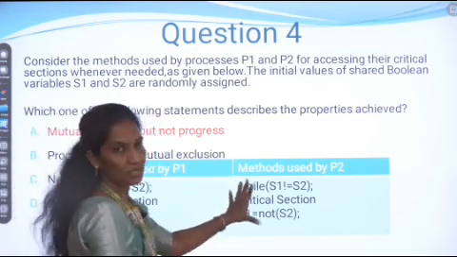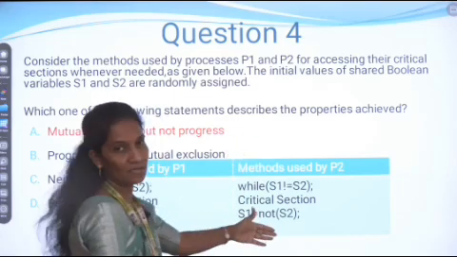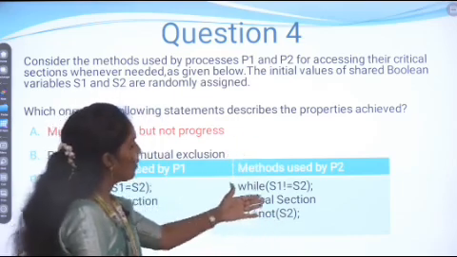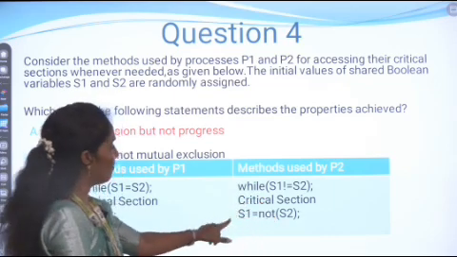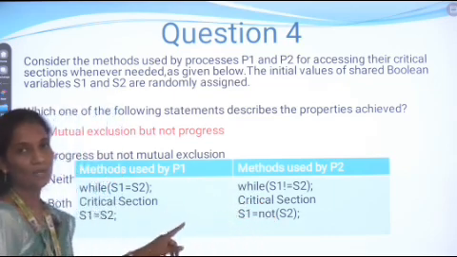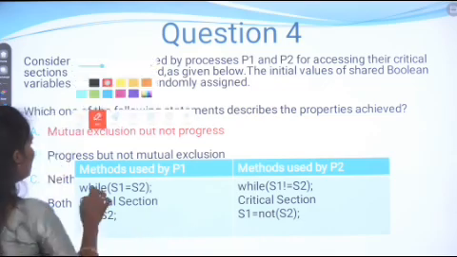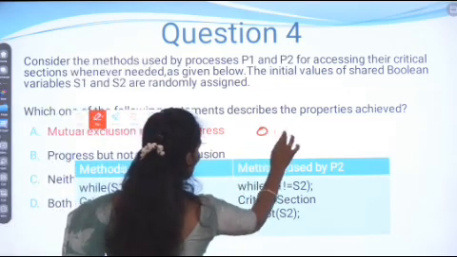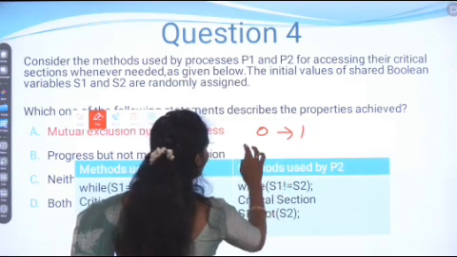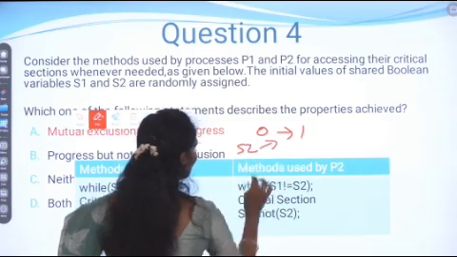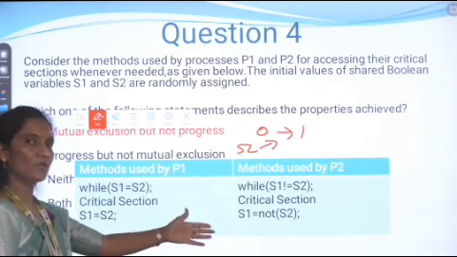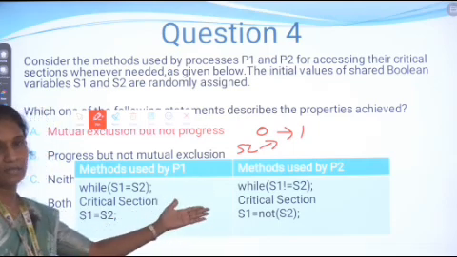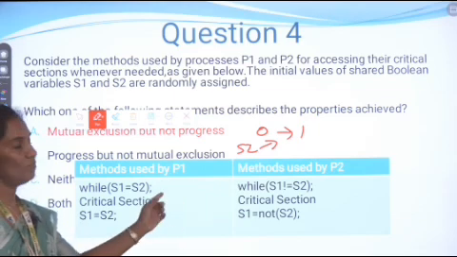In this situation, only if process P2 enters into the critical region will the values of S1 and S2 get changed. It gets changed from 0 to 1 for S2. So when P2 executes, only then will the value 0 become 1.